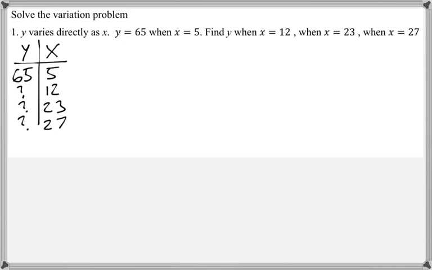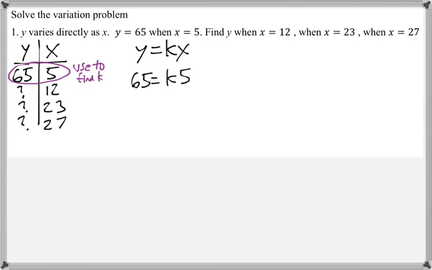So the one where they give you both the x and the corresponding y, we want to use that pair to find k. So I'm going to use my general template, which is y is equal to kx, and I'm going to plug in these values to find k.